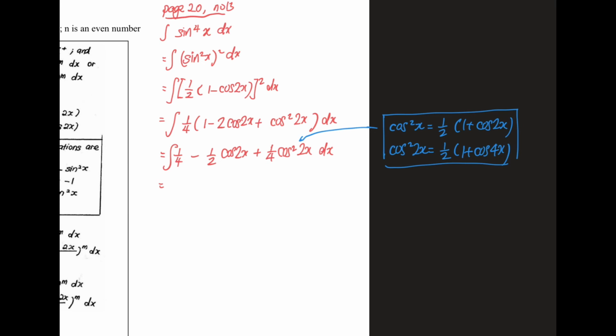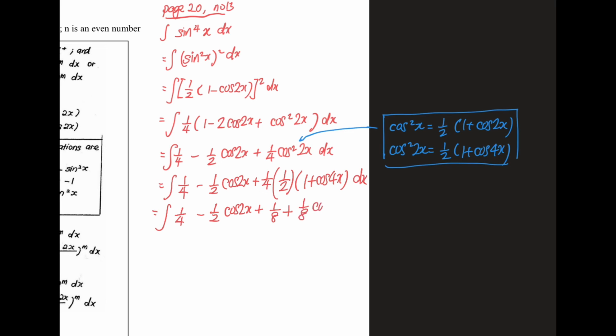Okay, so we apply the second formula to the last term. So now we will get the integration of 1 over 4 minus 1 over 2 cos 2x plus 1 over 4 times 1 over 2, 1 plus cos 4x dx. Integrating, I am going to have 1 over 4 minus 1 over 2 cos 2x plus 1 over 8 plus 1 over 8 cos 4x dx.